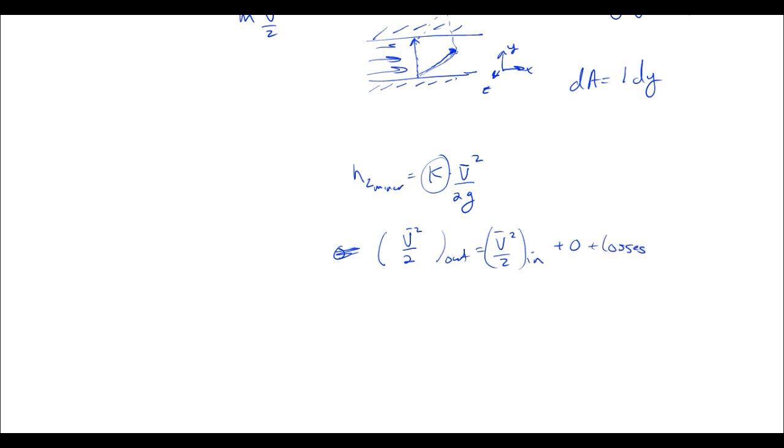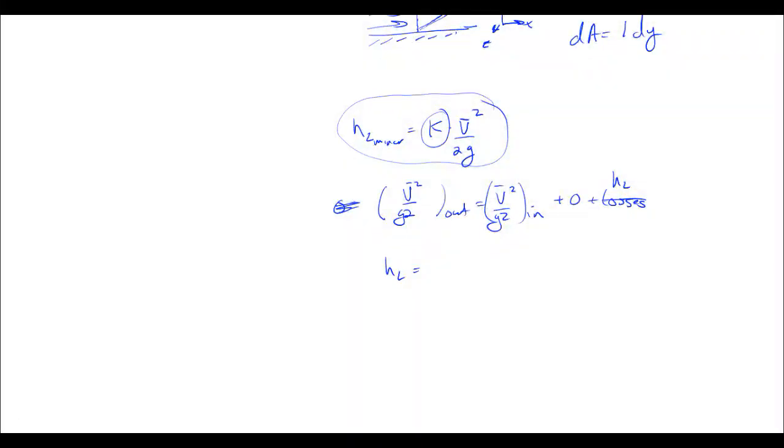Remember, if we divide by g, then this becomes head losses, and that's what we want, because we're trying to get into a situation where we can approximate this equation. So we know that our head losses are equal to v bar squared out over 2g minus v bar squared in over 2g.